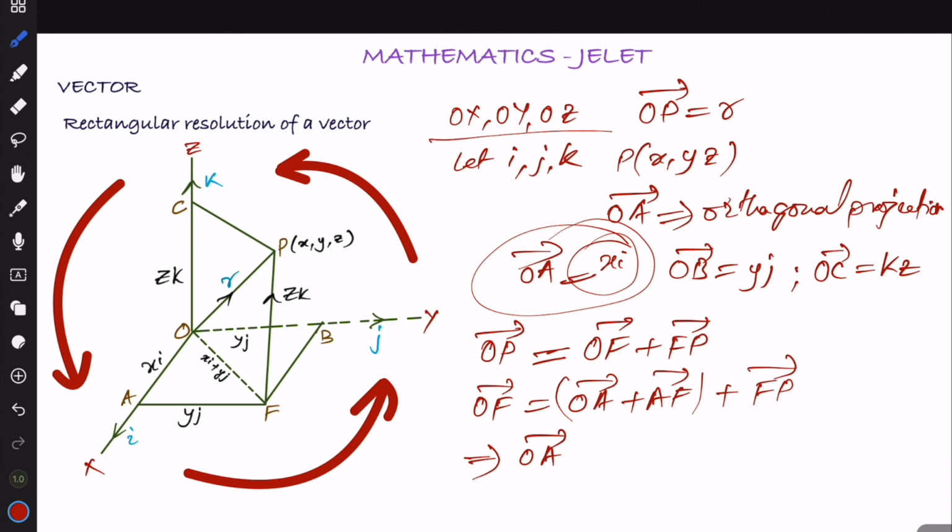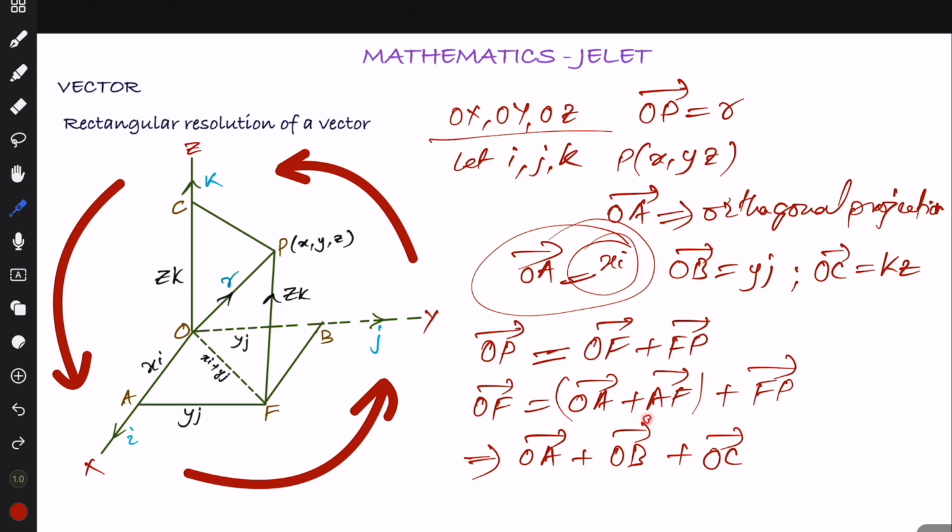Now we can say vector OA plus vector OB plus vector OC. How can we say this? OA is already here. AF can be replaced by OB. Why? Since AF is parallel to OB, we can say that AF is equivalent to OB.